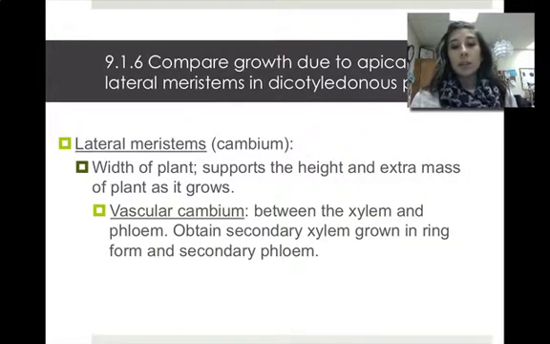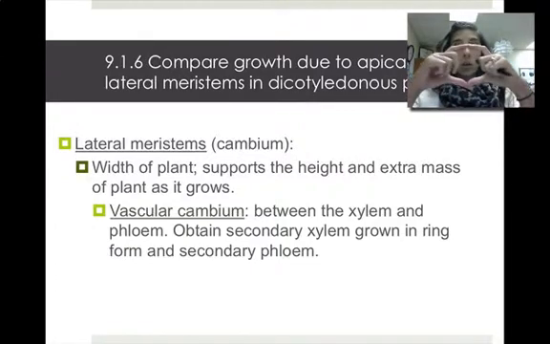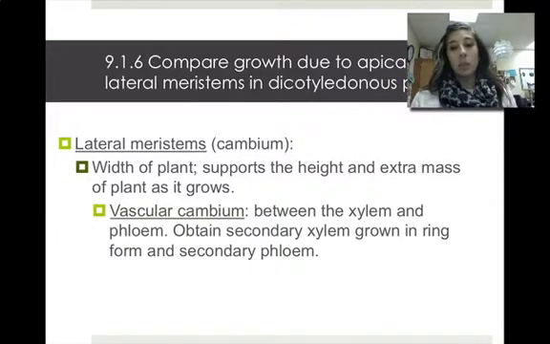And we see the vascular cambium, just to give a little bit more depth of information. Within the xylem and the phloem of our stems, we can have the vascular cambium, which is where we're going to get that lateral meristem growing. And we can also have secondary xylem growth within that, like a tree trunk or the stem of a plant.